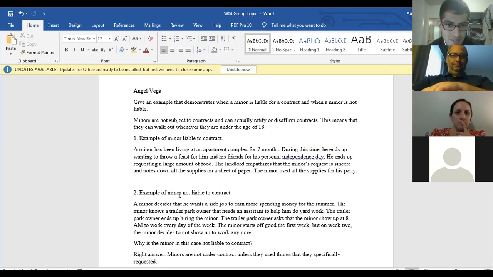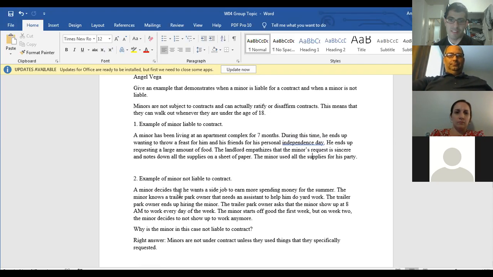Overall topic: give an example that demonstrates when a minor is liable for a contract and when a minor is not liable. For my liable one, it's pretty straightforward. There's a minor who stays in their apartment for 7 months and ends up wanting to have an independence party for being by themselves. They request food from the landlord, and the landlord gives them the food.